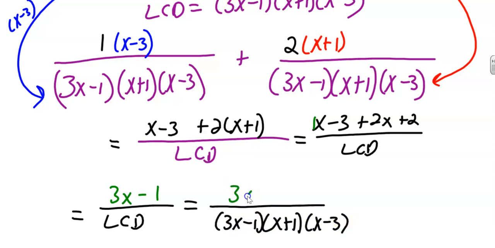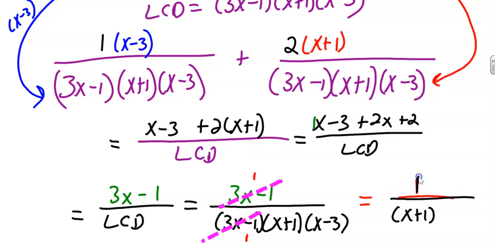Bringing the 3x minus 1 back in. Now you look to see if you can cancel, and you do have the same thing here and here. So you can cancel that out. And just remember that when you cancel those out, you do put 1s there. So it's 1 over x plus 1 and x minus 3.